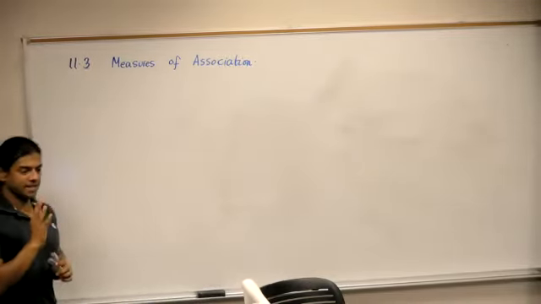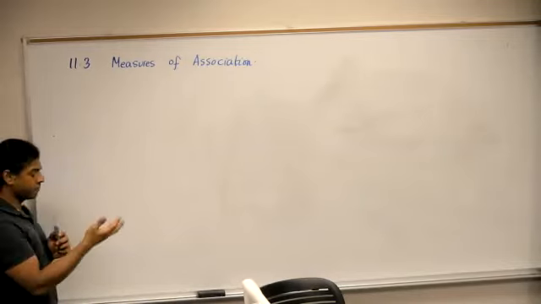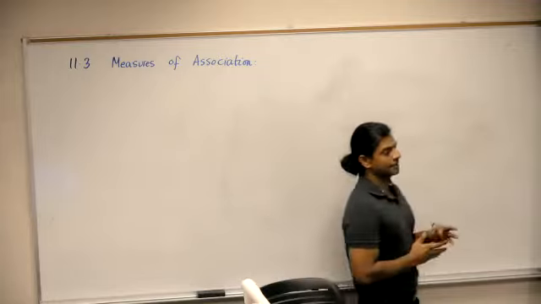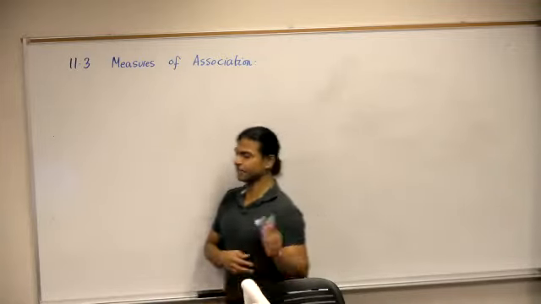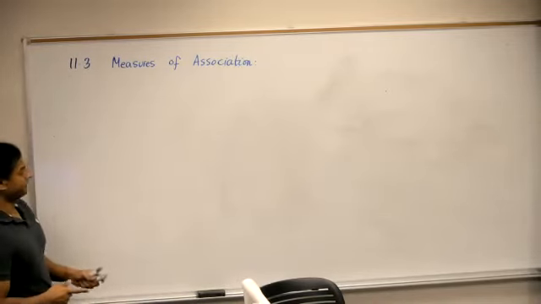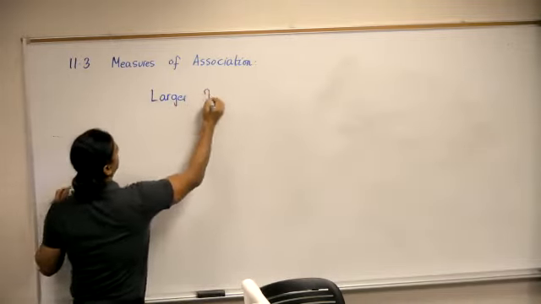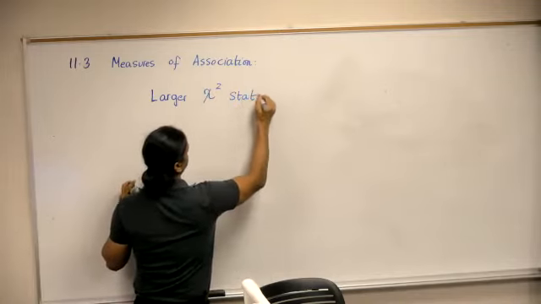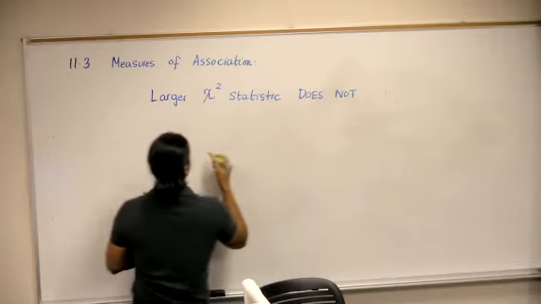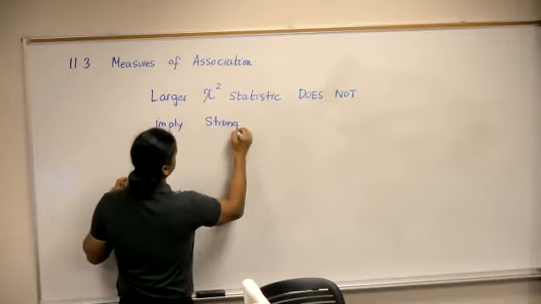Measures of association. So we know that when we perform a chi-squared test, we get a chi-squared test statistic, and the larger the chi-squared test statistic, the smaller the p-value, and you would simply reject the null. But a larger chi-squared statistic does not imply stronger association.